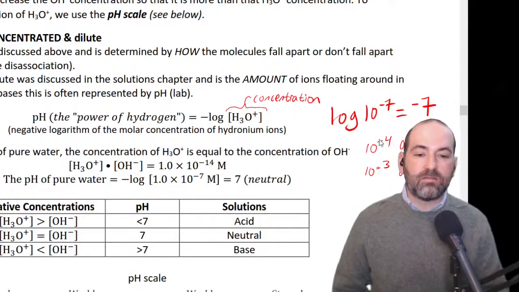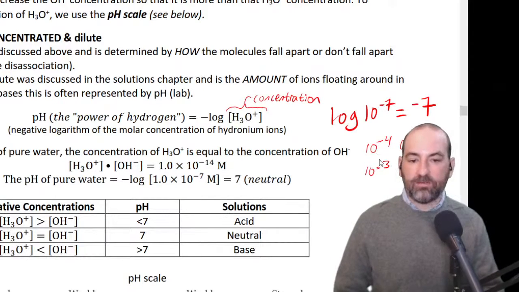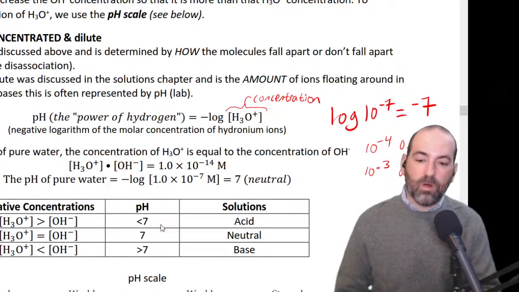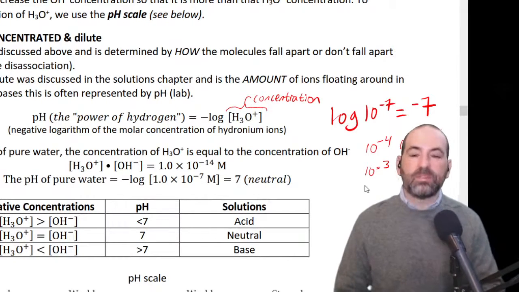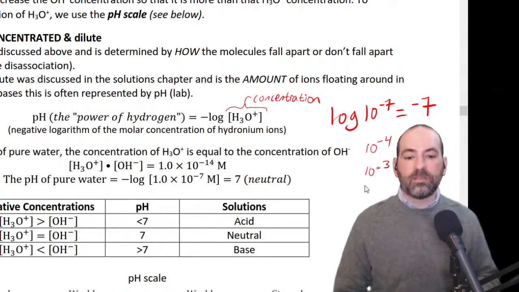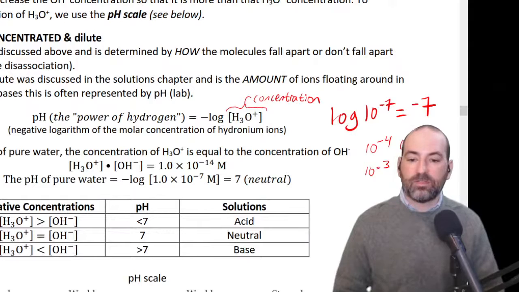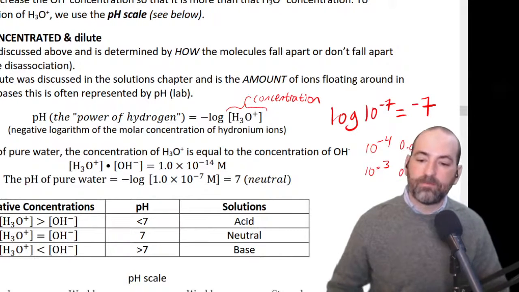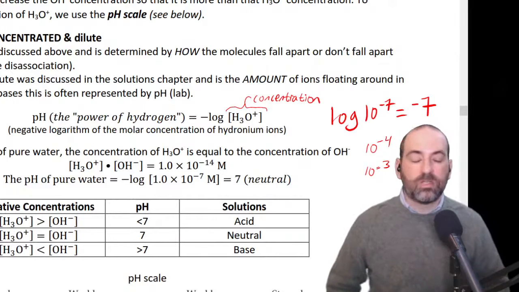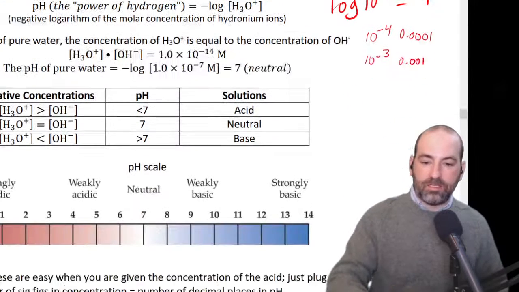But when you do the negative log, you end up with a smaller number. That's why lower pH means something is more acidic, because a lower pH corresponds to a higher hydronium ion concentration. There's more hydronium in a solution with a lower pH, and less hydronium in a solution with a higher pH.